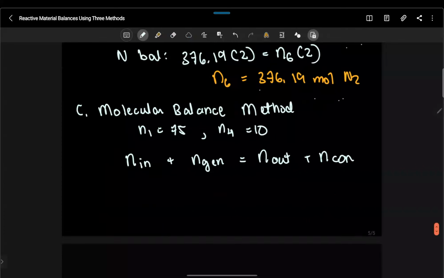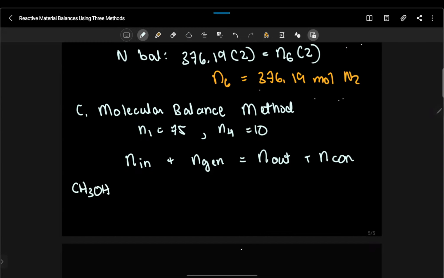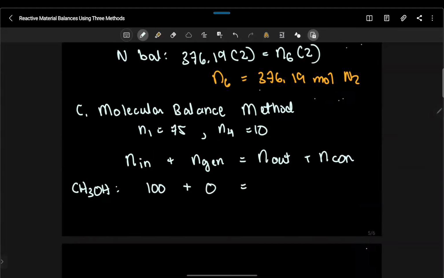Okay, so umpisa natin sa methanol. For methanol, may pinasok ba tayong methanol? Di ba yun yung basis nga natin na 100? Plus, generation ng methanol, meron ba? So wala. Methanol is a reactant in the reaction, but it's not a product, so zero. Now, output ni methanol, okay, ilan? Di ba si methanol yun yung ating N4?